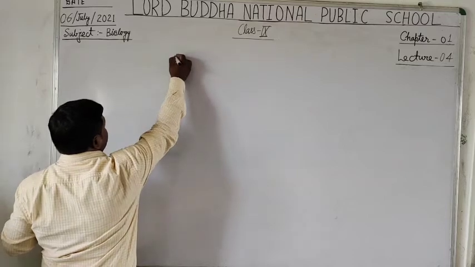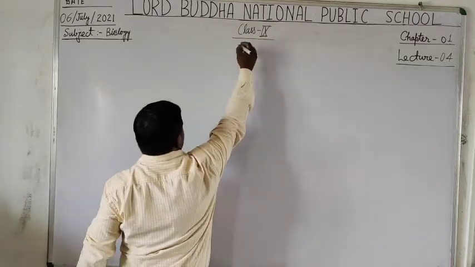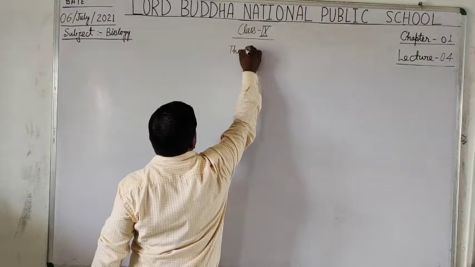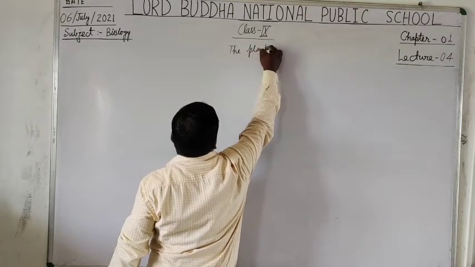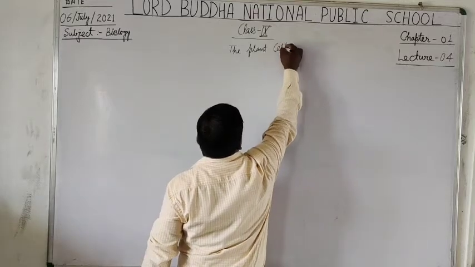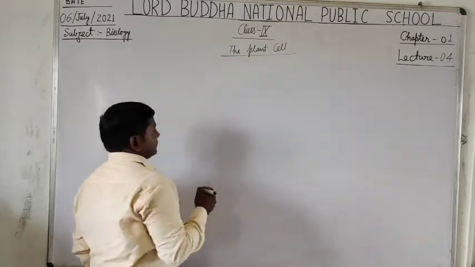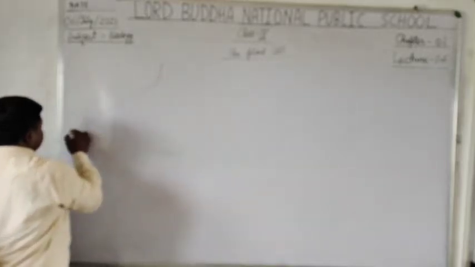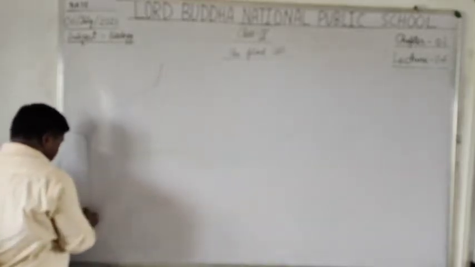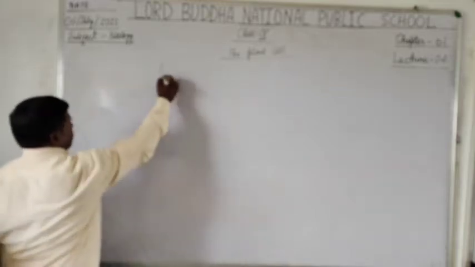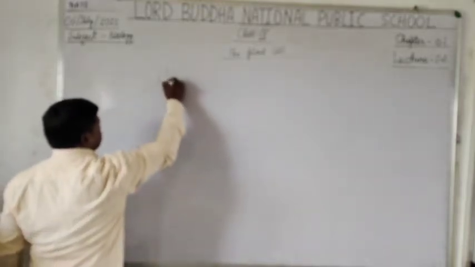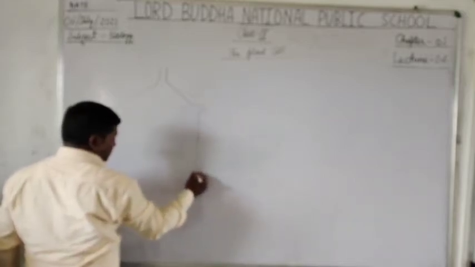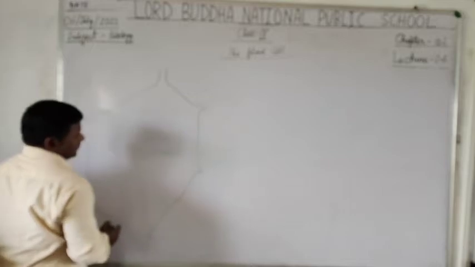Students, the structure of the plant cell. This is the outermost protective layer of a plant cell and is called the outer membrane.